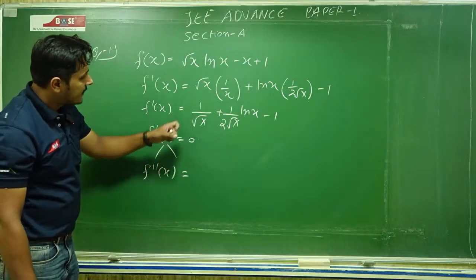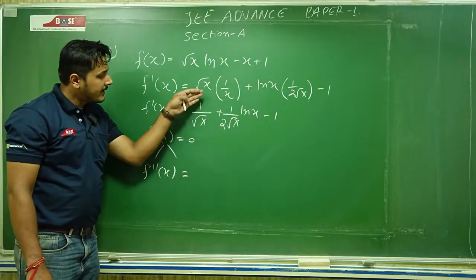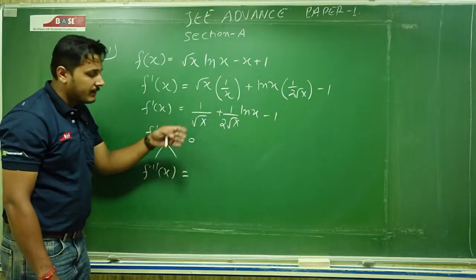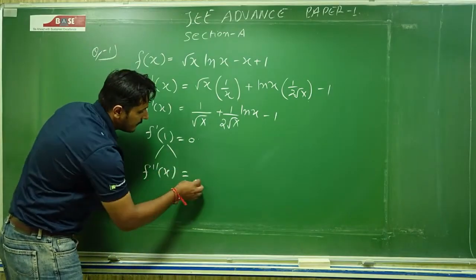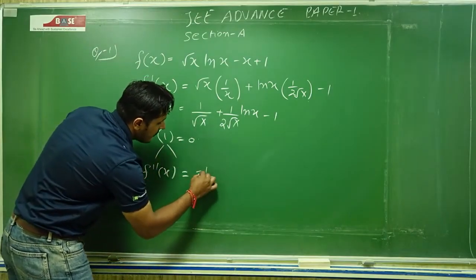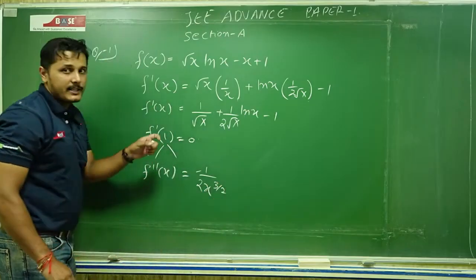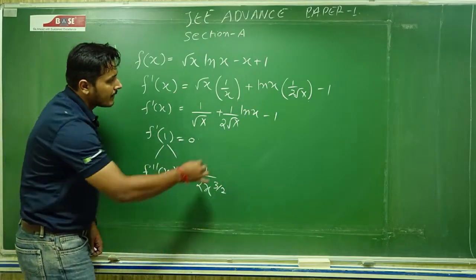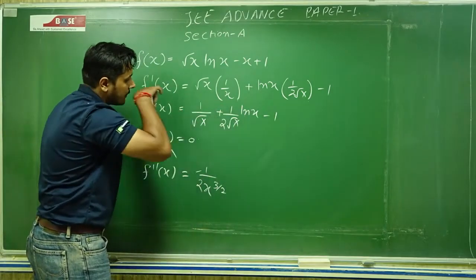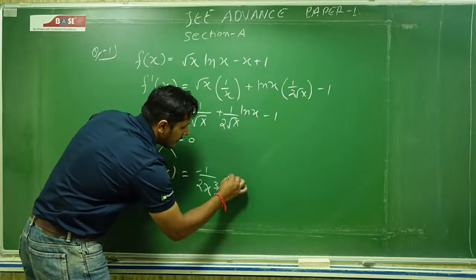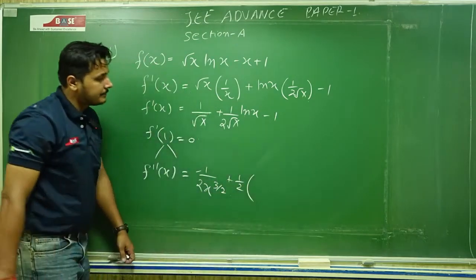Let's differentiate this. If I send it above, this is x to the power minus half. Using the formula, I get minus 1 upon 2 x to the power 3 by 2, from minus 1 by 2 minus 1. Now again we have to use the quotient rule. Let's take 1 by 2 as it is.